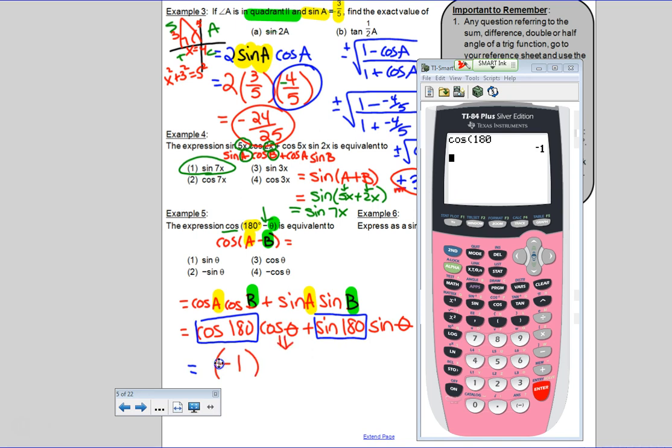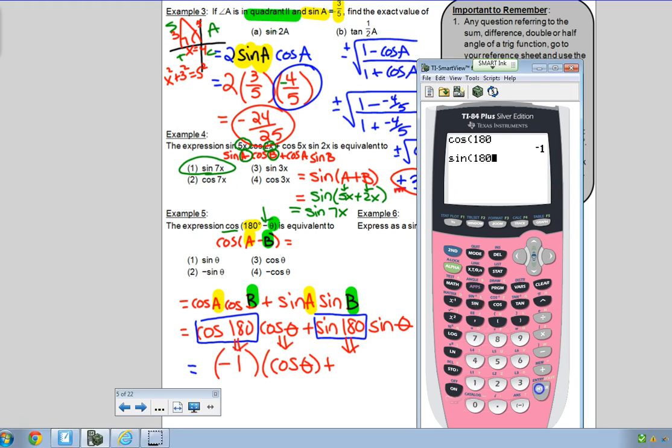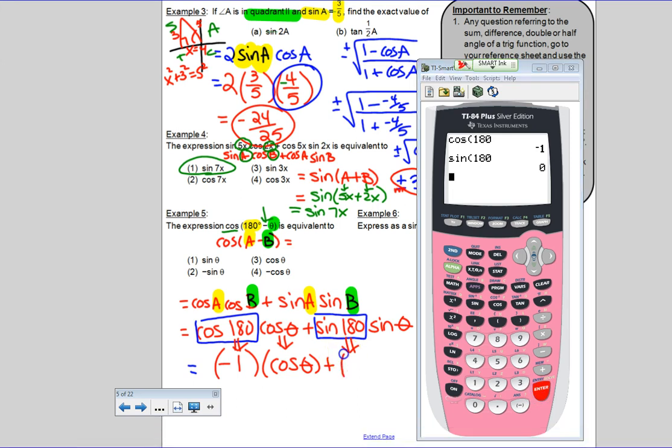This guy, we have no idea. So we're going to leave him alone. Plus, this guy, again, we can use our calculator. Sine of 180 is 0. And sine of theta, no idea.